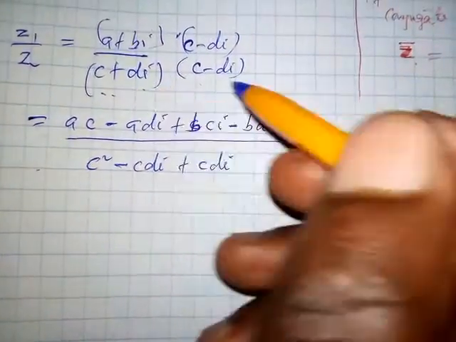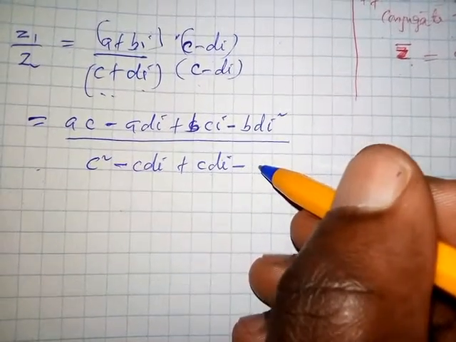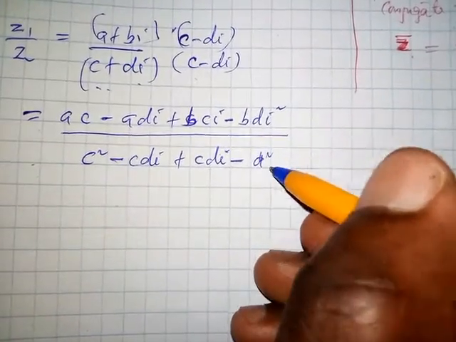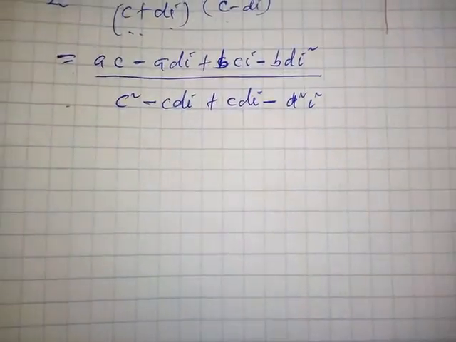Then di times negative di is negative d squared i squared.